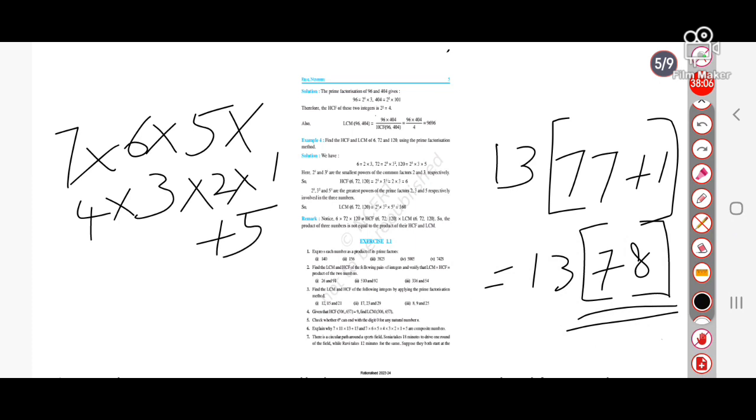Now we need to check whether this is also a composite number.